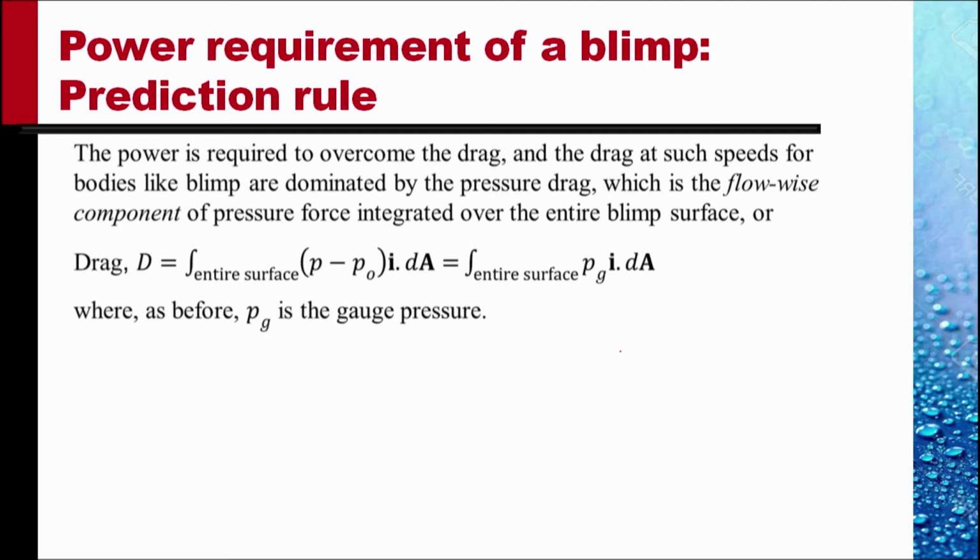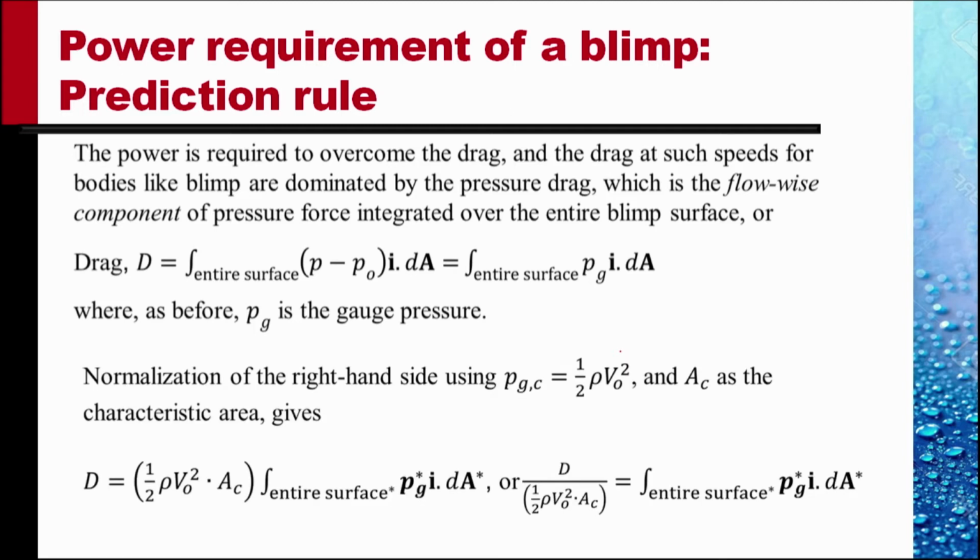That is, the drag D is the integral over the entire surface of (P minus P naught) into i, that gives the force in the ith direction, dot dA. i dot dA is the component of area in the x direction, which multiplied with the pressure gives you the x direction pressure force. And this is equal to the integral over the entire surface of the gauge pressure multiplied by i dot dA. That is the area in the ith direction.